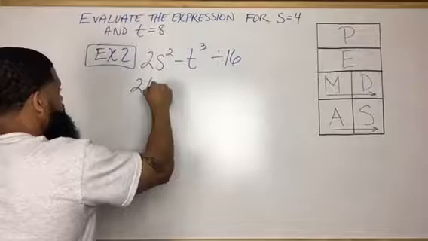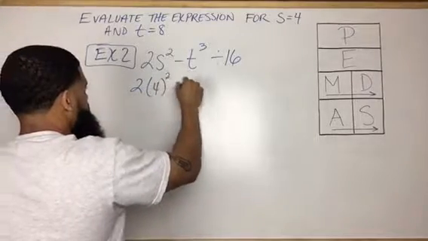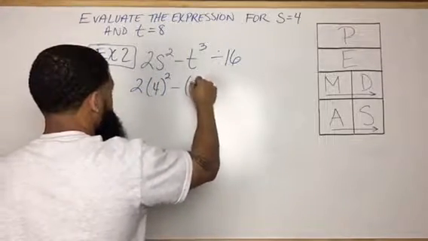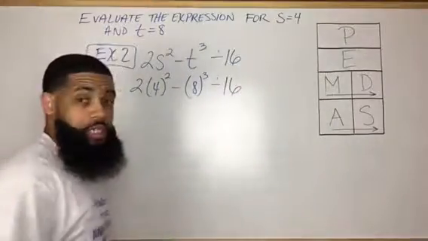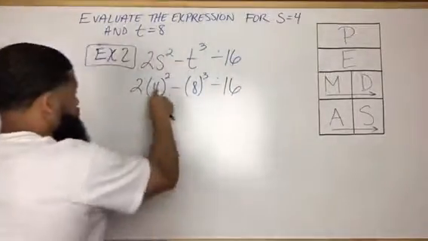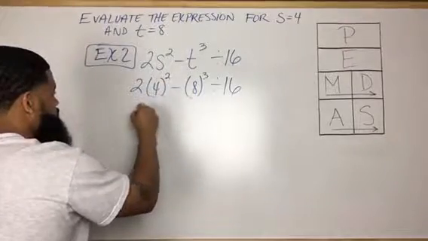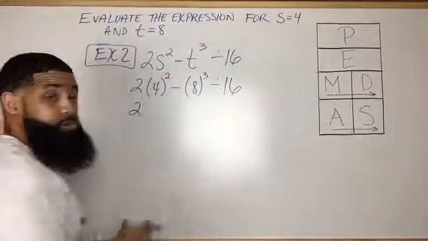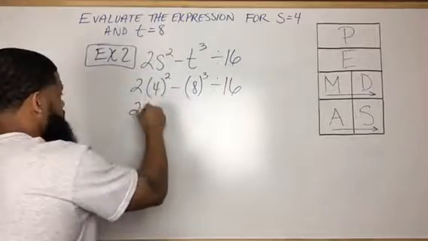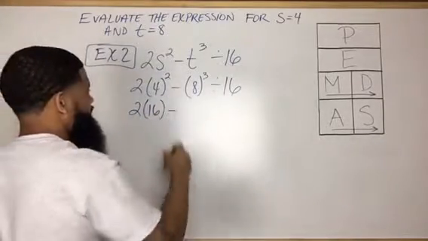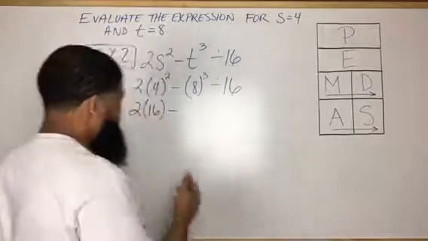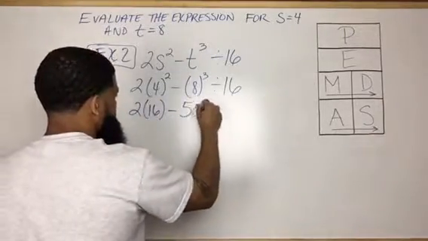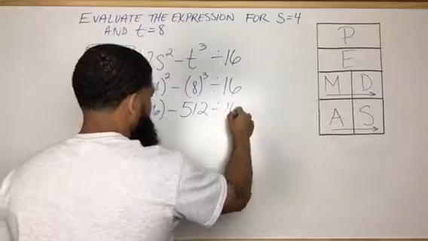So 2 times 4 to the 2nd power minus, I'm going to substitute 8 for my t's and divide it by 16. I need to do exponents first. 4 to the 2nd power. So I keep this 2. 4 to the 2nd power is 4 times 4, which is 16. Okay, so times 16 minus 8 to the 3rd power is 512. And then divided by 16.